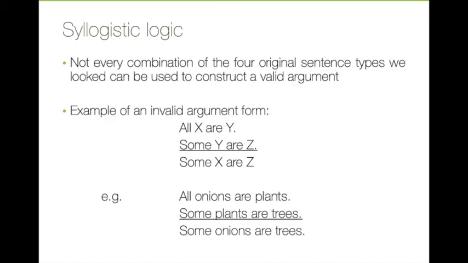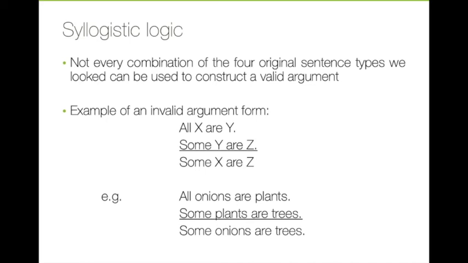We've looked at 4 valid syllogisms so far, but it is important to note that not every combination of those 4 original sentence types we looked at can be used to construct a valid argument. So you can come up with pairs of those sentences as premises and one as a conclusion that give invalid arguments.